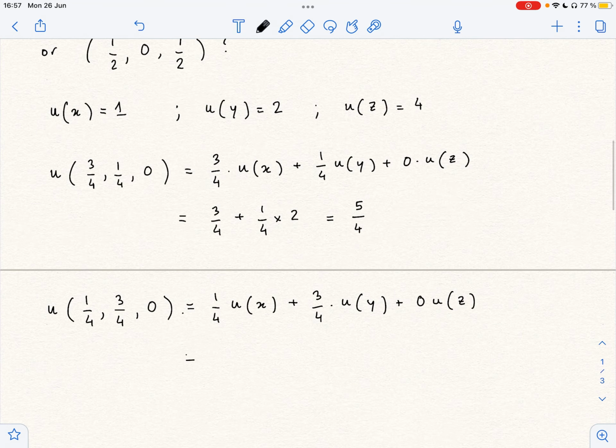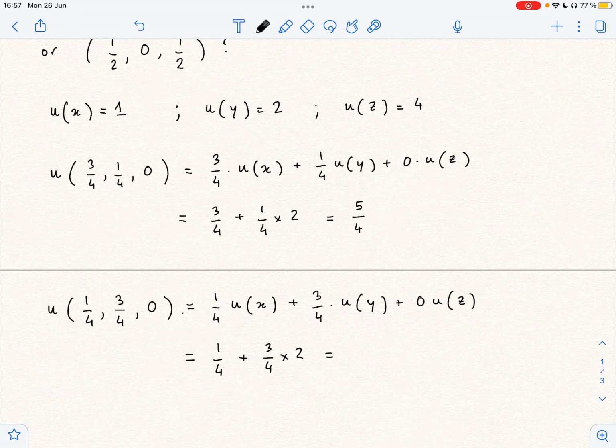This is equal to 1/4 times 1 plus 3/4 times 2, which is equal to 7/4. So I prefer staying at home to going out to the beach on a rainy day. So I prefer the lottery which only assigns positive probability to the first two outcomes but gives a higher probability to my preferred alternative.